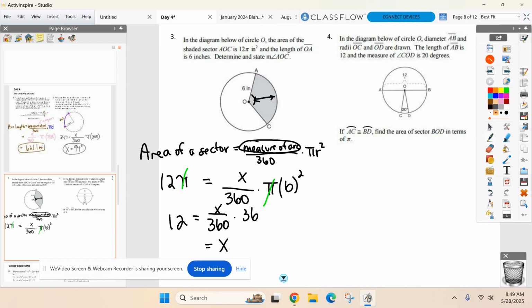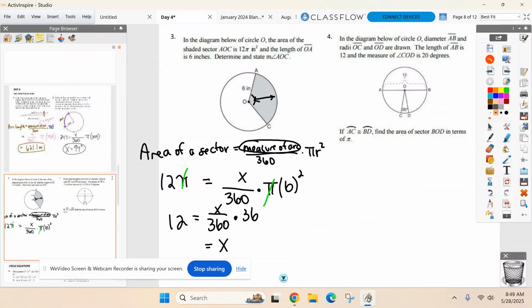How you getting rid of the 360? Well, what are you doing first? I got rid of the pi on both sides. So they canceled out, right? Then I squished the 6 squared, 36, and then subtracted that. Whoa. It's being multiplied. How do you want to get rid of it? Divided.